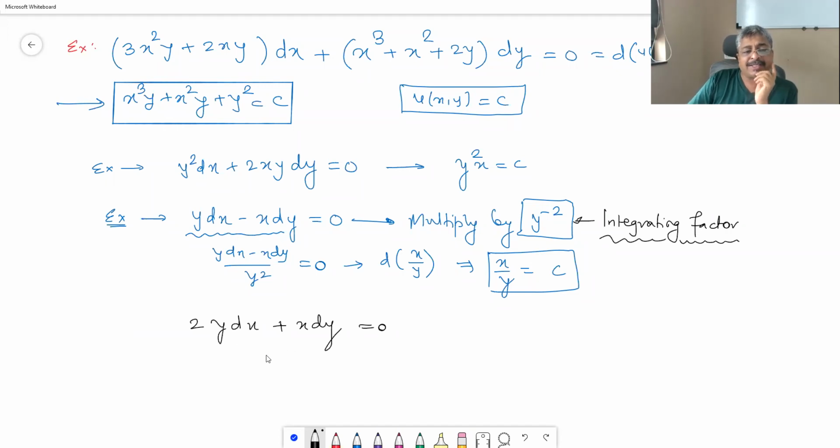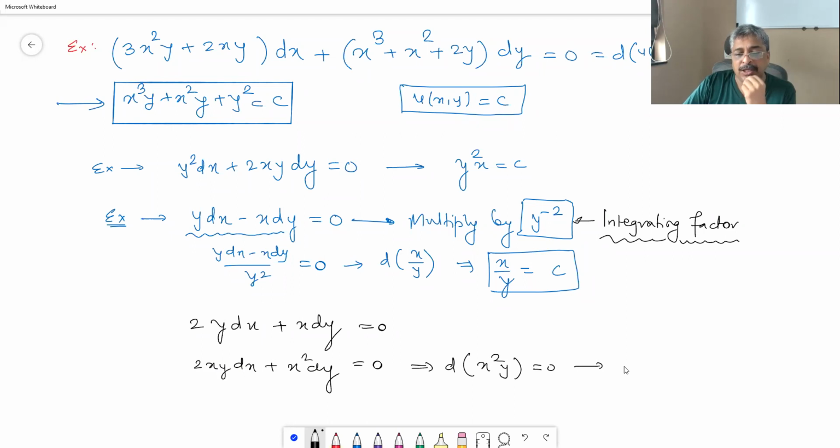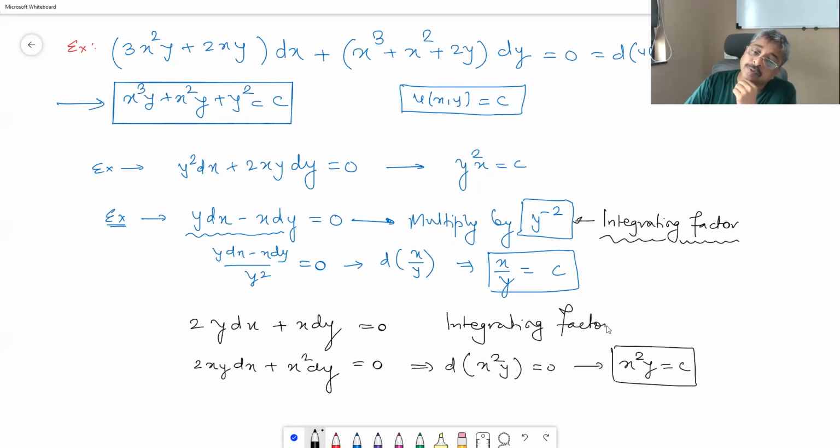As such it is not exact, but if we multiply by x, 2xy dx plus x square dy is equal to 0, then it is d of x square y, equal to 0, and hence the solution is x square y is equal to c, and the integrating factor is x in this case.